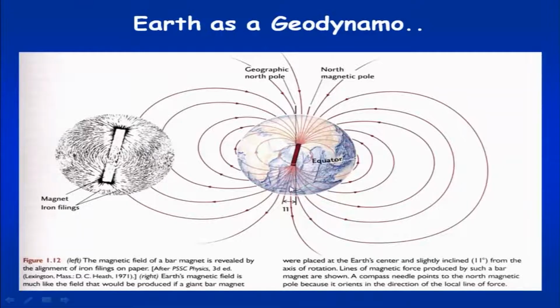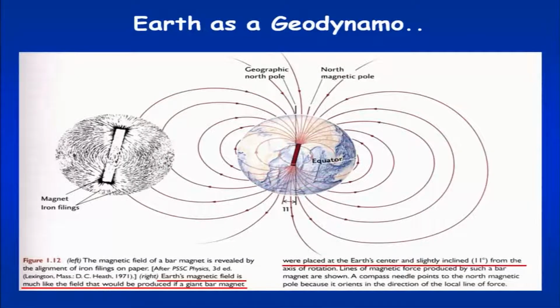So, the earth acts as a large bar magnet. The earth's magnetic field is much like the field that would be produced if a giant magnet were placed at the earth's center and slightly inclined, that is 11 degrees from the axis of rotation.